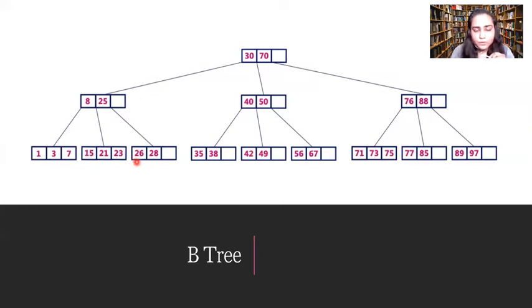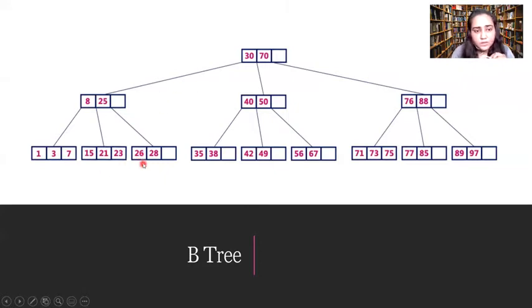So if you see it, I only had to make comparisons here. So I had to compare once with 30, then with 8, then with 25, and then with 26. So with just 4 comparisons, I was able to find this node. And that is the power of a B tree. You can make very few comparisons and find your node.